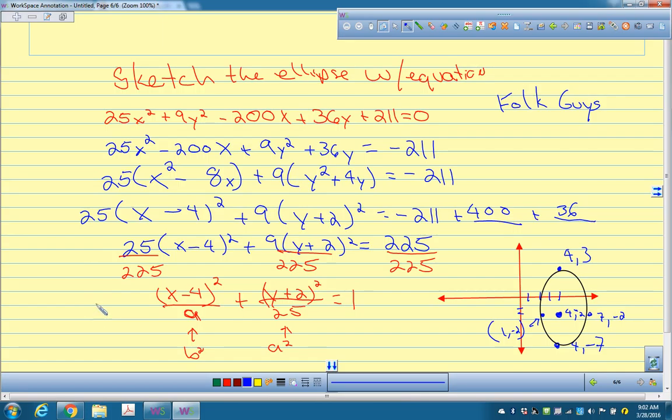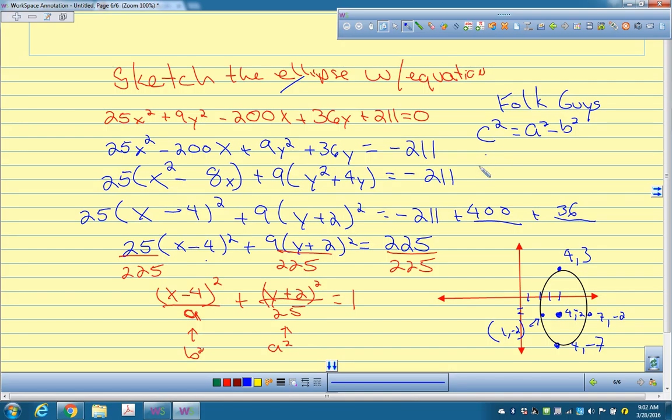Five minutes? Enough. I want to show you one more thing that you're going to see, and that's how to find the foci. So to find the foci, c squared equals a squared minus b squared.